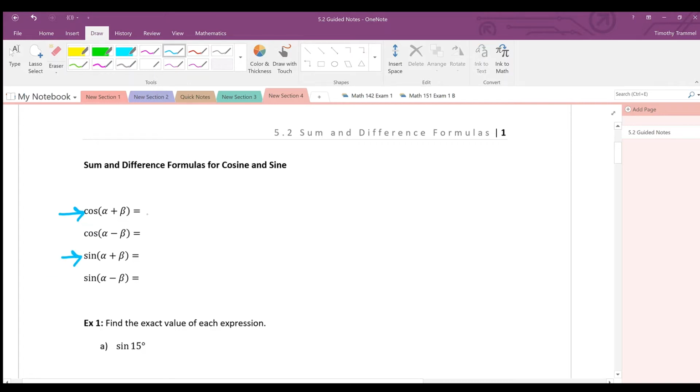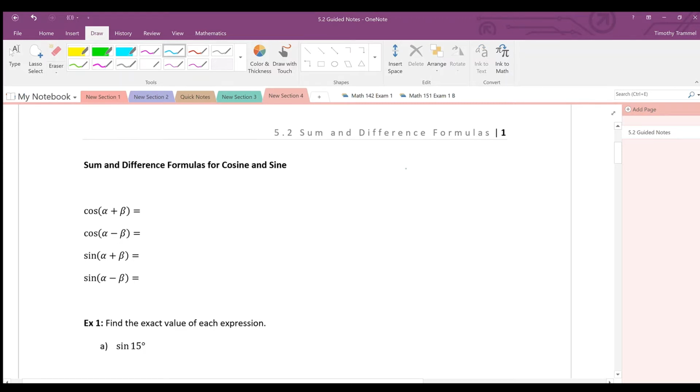Now when I say proof of, I mean proof of the fact that cosine of alpha plus beta is going to be equal to something that we'll write here in a minute. But before I write anything here, I want to point out what these things are not equal to.